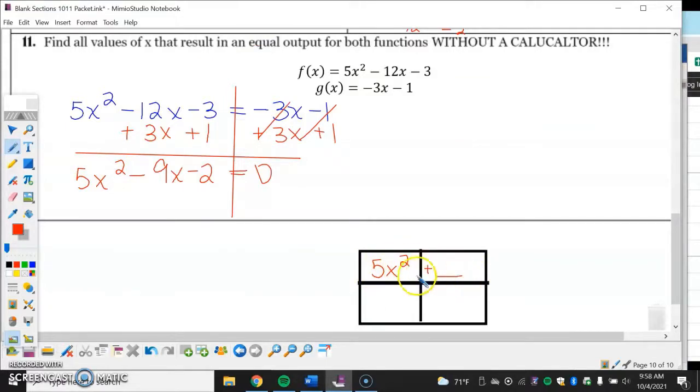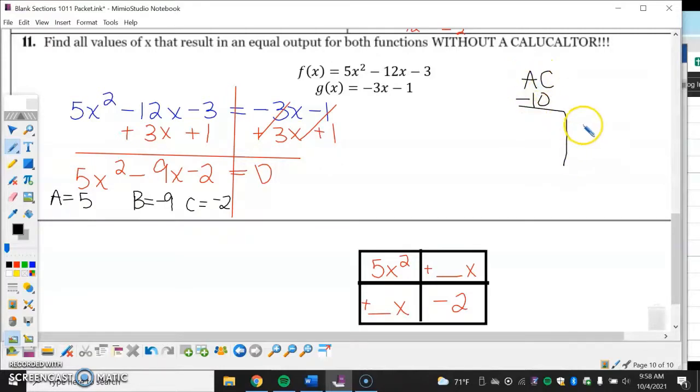We need to figure out what these two numbers would be. And then we put the c value here, which would be what? Negative 2. All right, so I need two numbers that multiply to get a times c. And a times c would be negative 10.